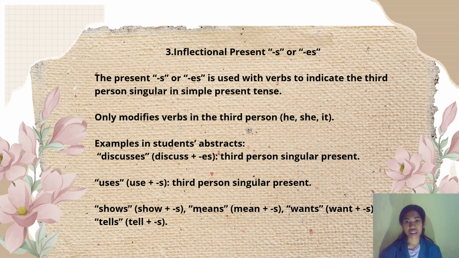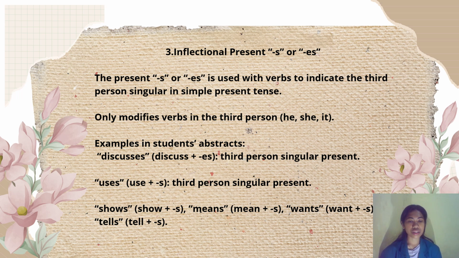It means the third person singular present. For example, he discusses. And then uses comes from the free morpheme use plus the inflectional present s, the third person singular present. Uses: she uses, he uses, it uses.